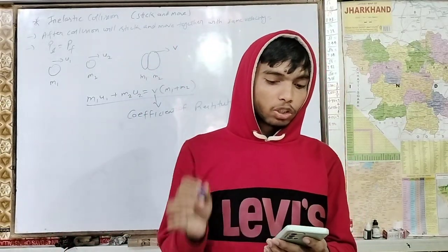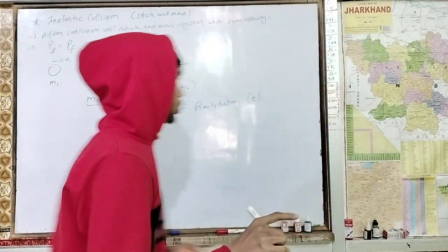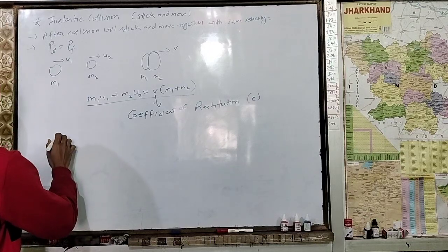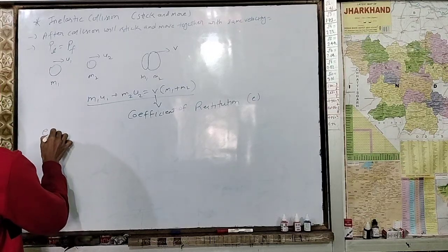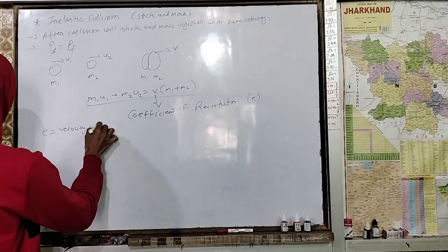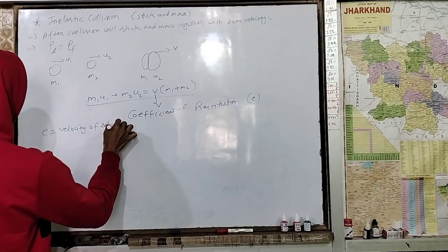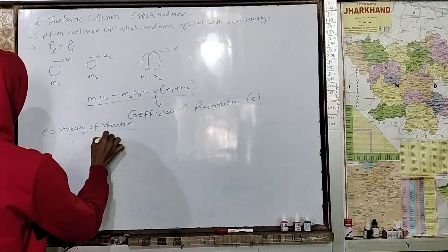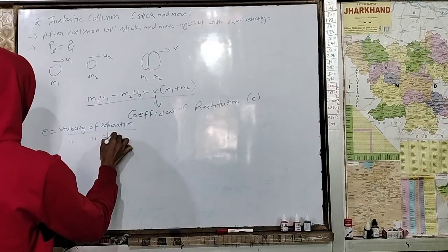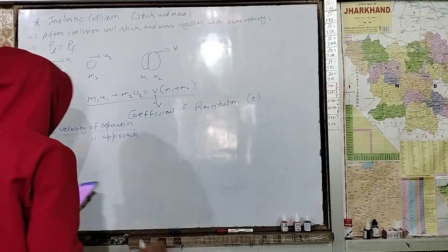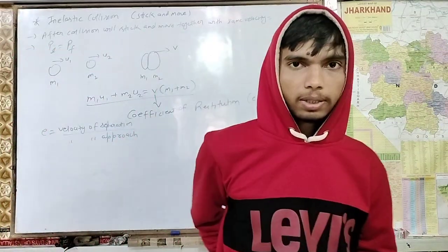It is represented as follows: it is the ratio of the velocity of separation to the velocity of approach. You can write e is equal to velocity of separation upon velocity of approach, which is equal to the relative velocity after collision upon the relative velocity before collision.